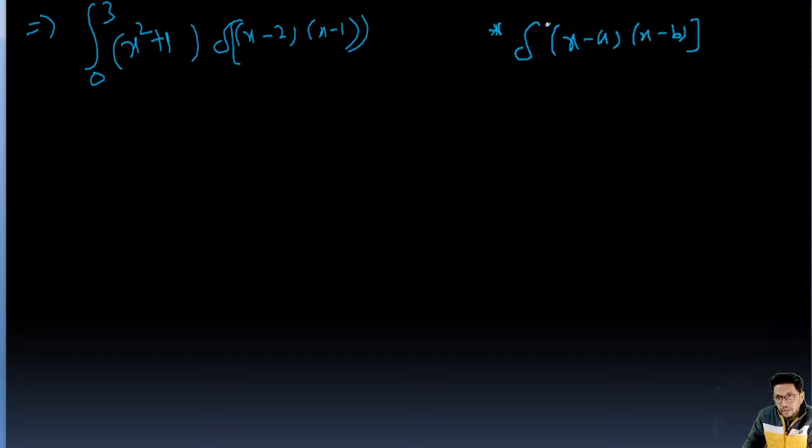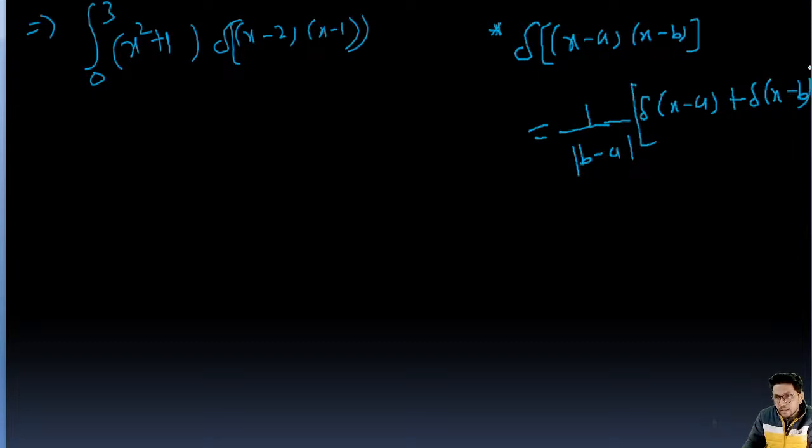Okay, this property we know. This is going to be 1 upon b minus a mod, 1 upon b minus a mod del x minus a plus del x minus b.